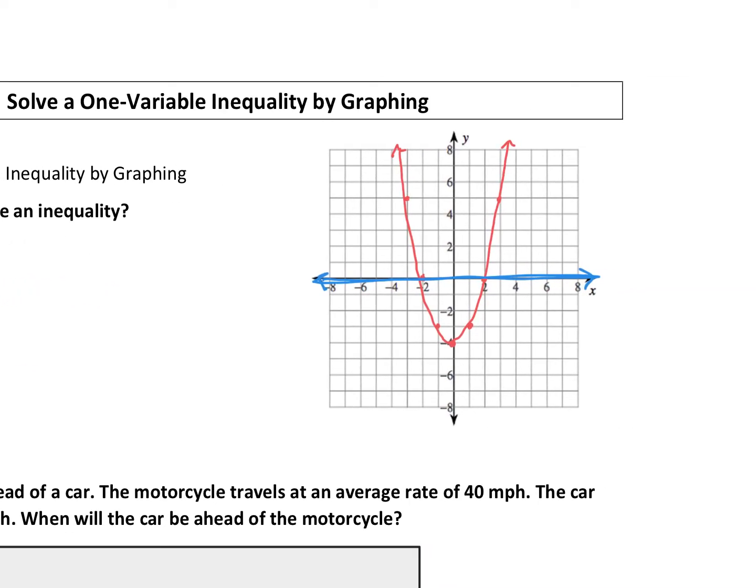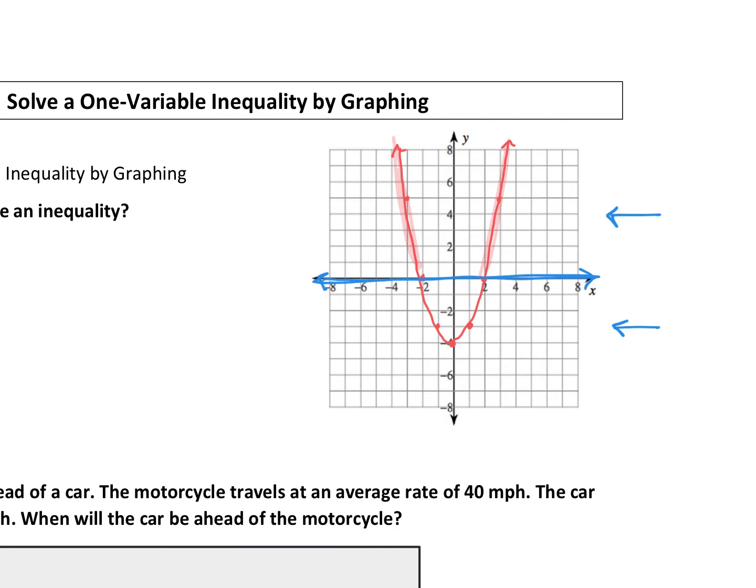So if you look at our graph, we can see up here is when your function is greater than 0, and down here is when your function is less than 0. So what we care about is this part of our function up here. That's where it's greater than 0.